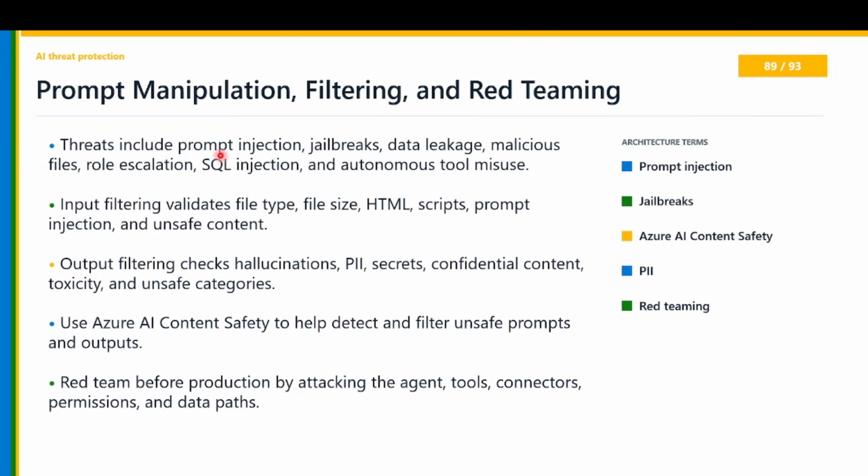So threats in an agentic AI system include prompt injection, jailbreaks, data leakage, malicious files, role escalation, SQL injection, and autonomous tool misuse. So autonomous systems can misuse tools too, right? Hackers can inject SQL language into the system in order to access the data in the system illegally. You can have role escalation: an agent can manipulate its role and assume another agent's role.